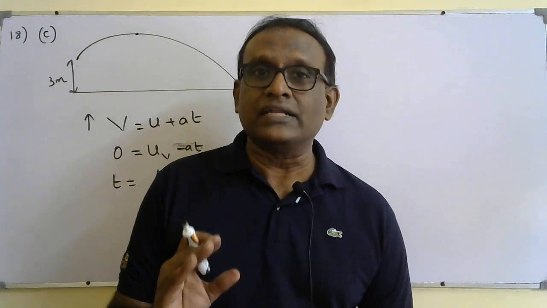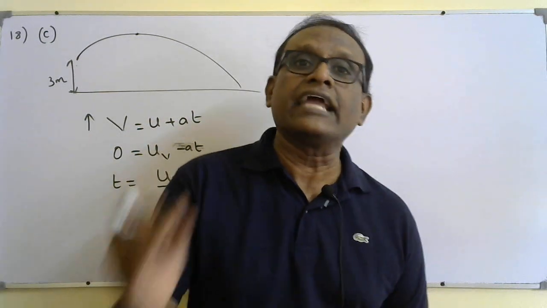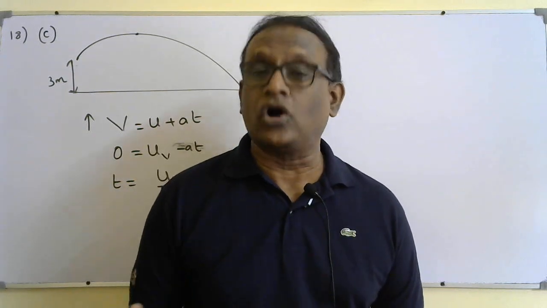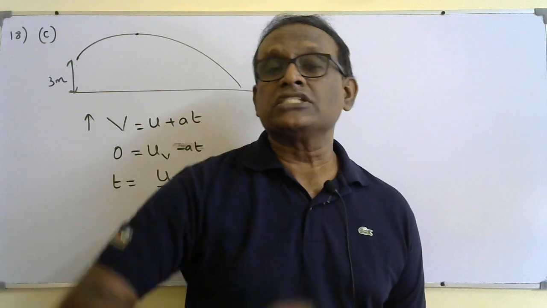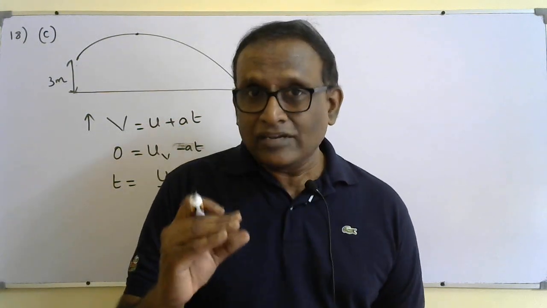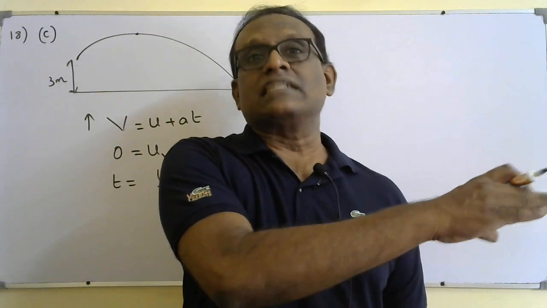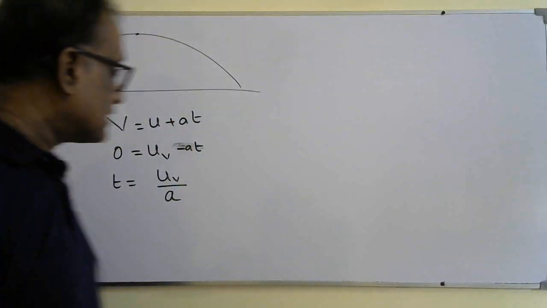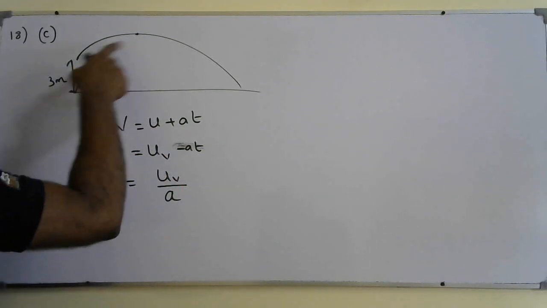That means he will have shorter time in air. The flight time is going to be smaller. The flight time is going to be smaller means when you consider horizontal displacement, he will be in motion for shorter time with deceleration, because the time is decreasing to reach the highest point.